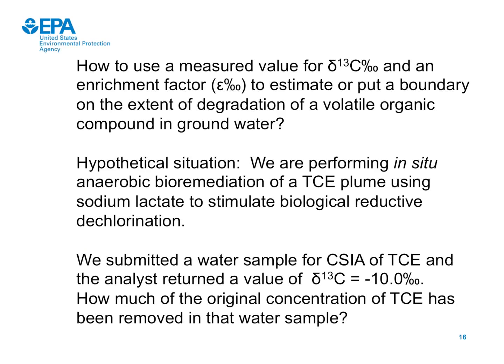Imagine that we were doing in situ anaerobic bioremediation. We submitted a water sample for compound-specific isotope analysis of TCE and returned a value of delta 13C is minus 10 per mil. So with that number, how much of the original concentration of TCE was removed? Next slide.